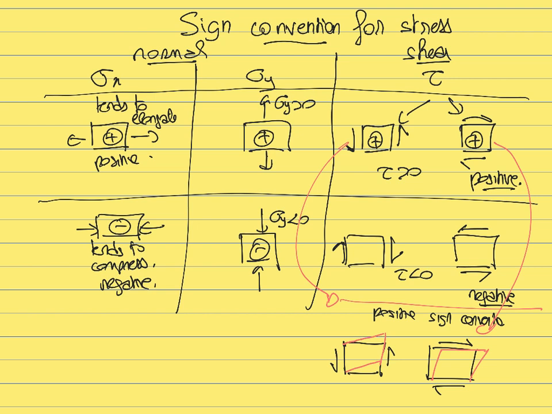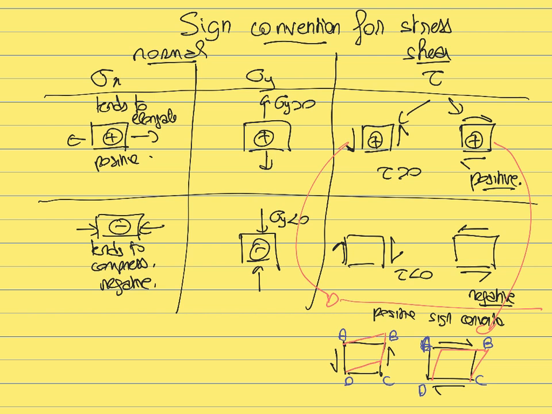One way to look at whether those deformations are indeed the same or not is to define four points, A, B, C, D, the four corners of this square.